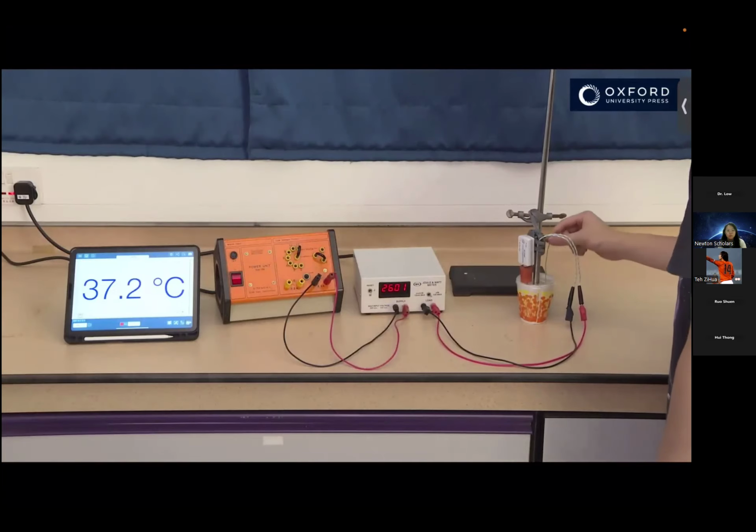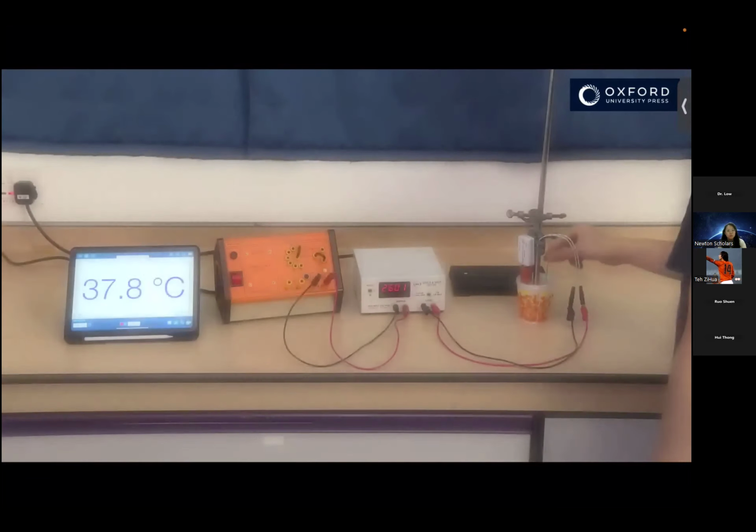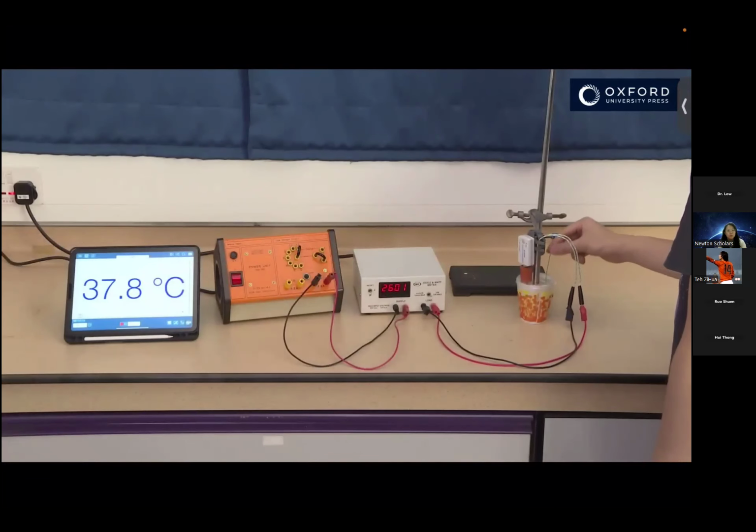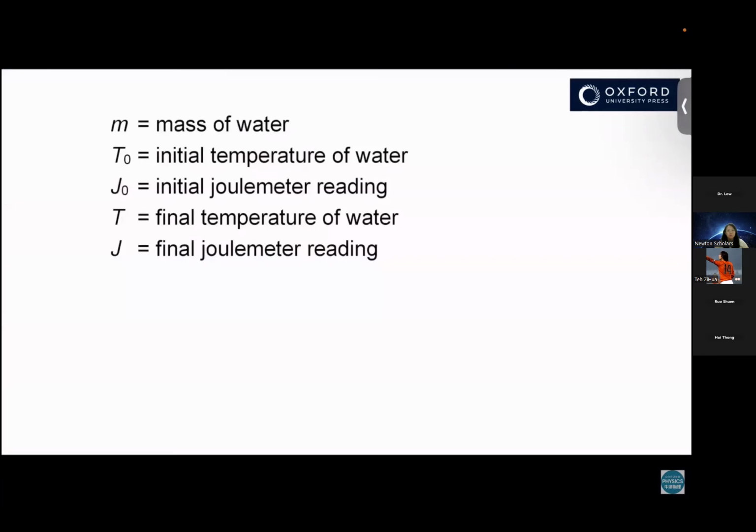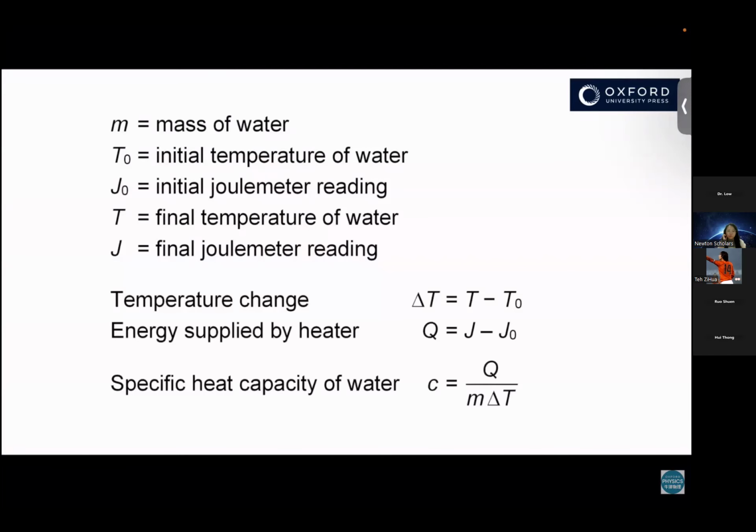Keep stirring the water. Record the final joule meter reading and the highest temperature reached by the water. From the recorded data, the specific heat capacity of water can be found.